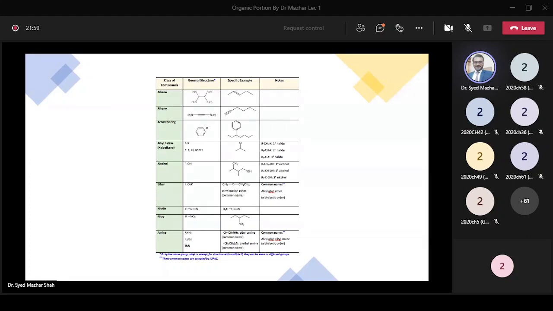Do you have any idea why we call them primary, secondary, or tertiary halides? The general class is alkyl halides, but then we can further classify them into primary, secondary, or tertiary halides, just like alcohols in the next class, which are also classified as primary, secondary, or tertiary.